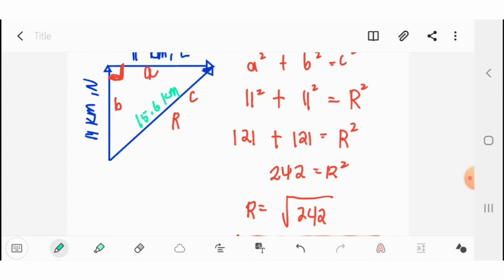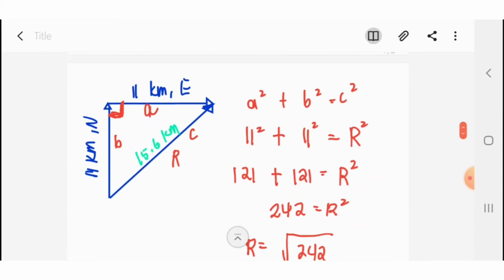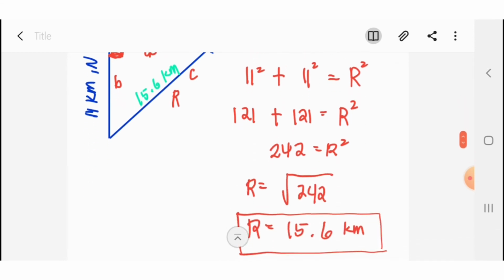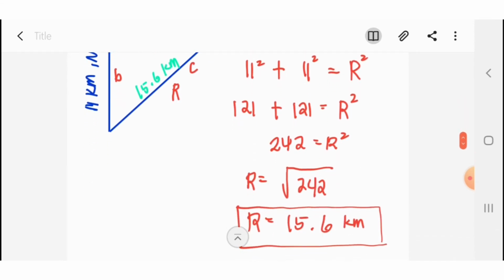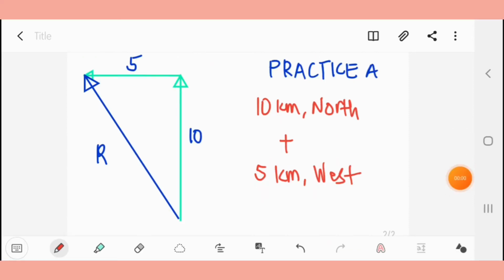So, that's how you use the Pythagorean theorem to get the resultant of two displacement vectors. Now we have another example, practice A: 10 kilometers north plus 5 kilometers west.